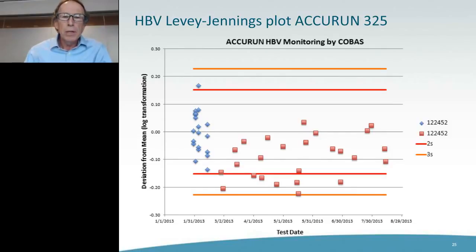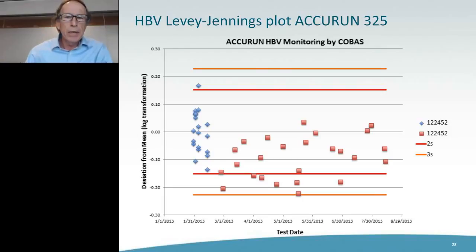And you can see the blue diamonds are the training set and average to 0 on the y-axis. This is all log transform data, and I should say that you should always make sure that the units, either logs, international units per mL, or copies per mL, are always unified and do log transformations for these quantitative virology assays. And you can see the red line being the 2S and the orange line being the 3S.